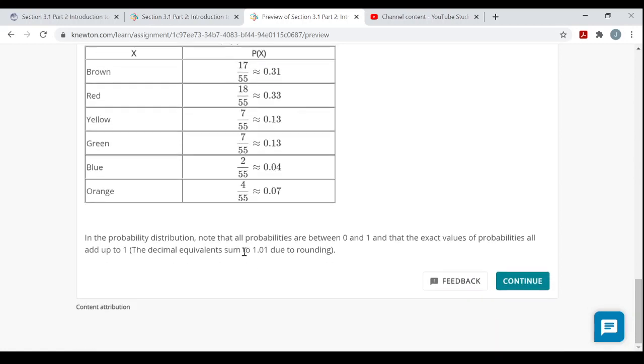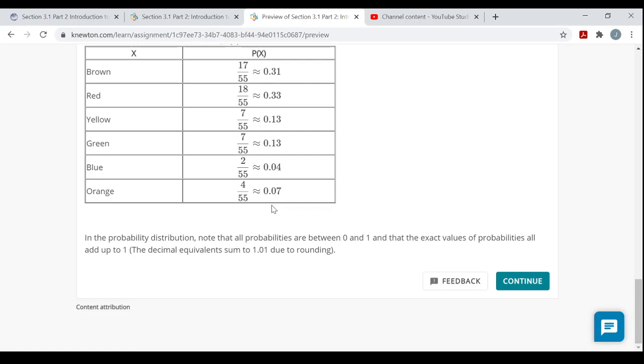Be careful too: in a probability distribution, all probabilities are between 0 and 1, and the exact values add up to 1. Now these add up to 1.01, but that's due to rounding. When you add up rounded values, they might add up to 0.99 or 1.01. As long as they're very close to 1, you probably made the distribution correctly.